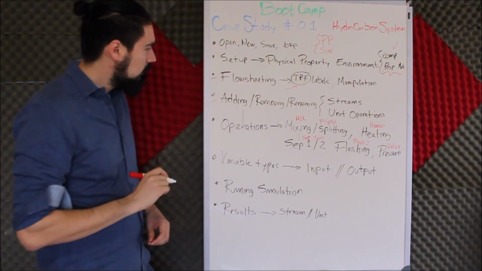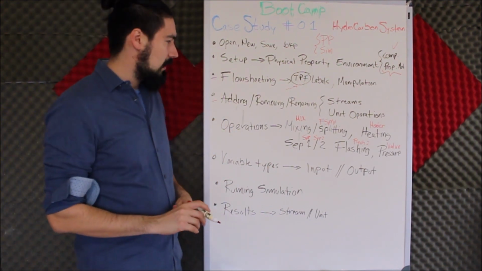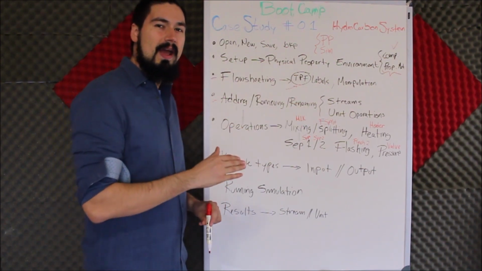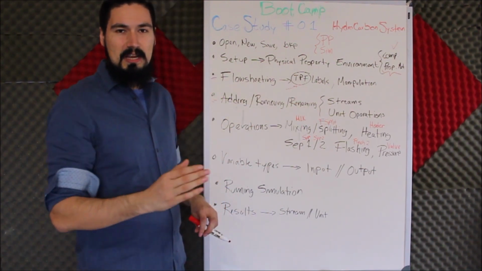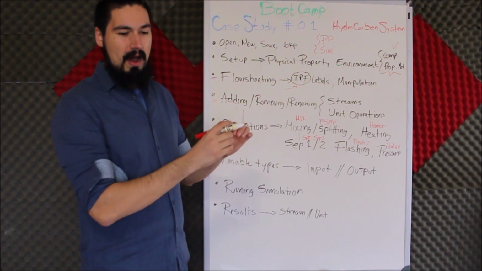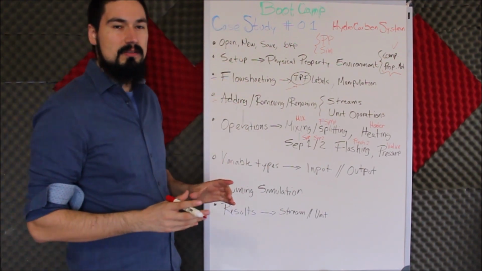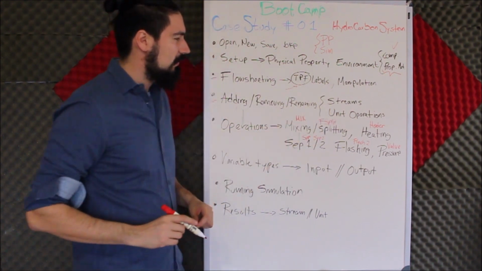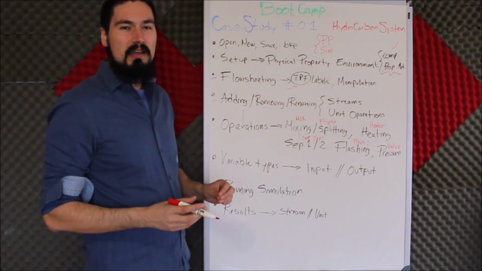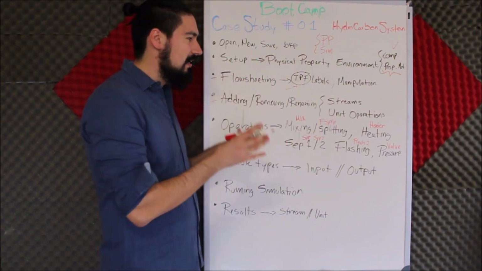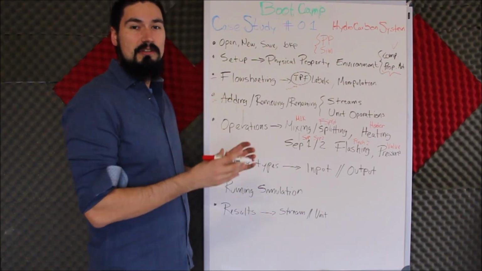Then we go into more manipulation of the streams: how to reconnect source and destination, how to break them, how to reconnect, how to move, and how to manipulate the blocks. We can always change the physical appearance of a block, even though the simulation will still consider this a block.